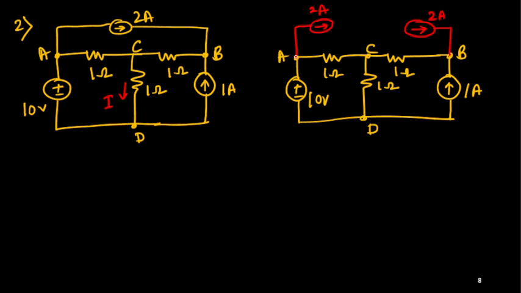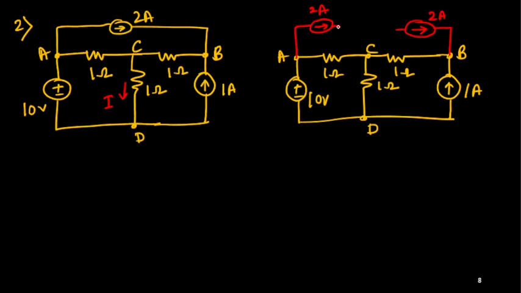Both nodes A and B are fine because from node A 2 ampere is leaving and to node B 2 ampere is coming in. Now I can't keep this open, otherwise current will not flow. So somewhere we need to add it. But if I add it at one node, the same 2 ampere should leave, then there is no disturbance.